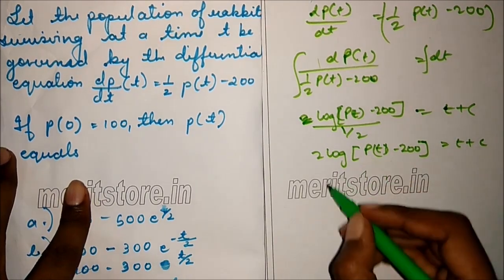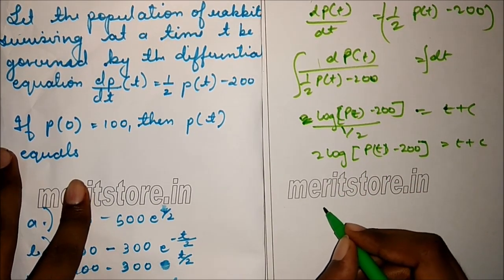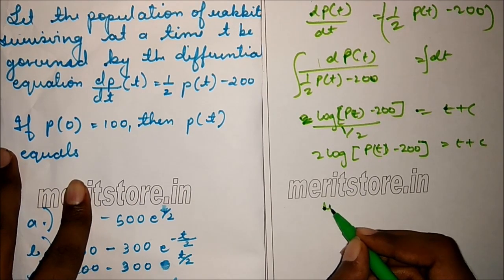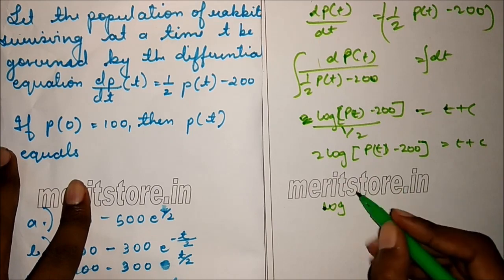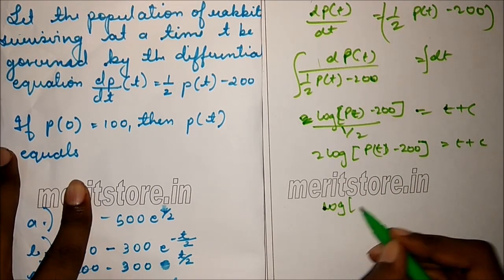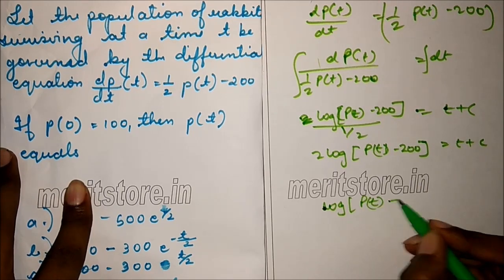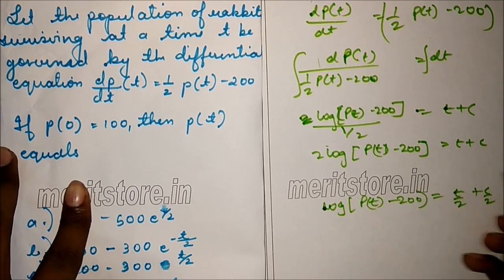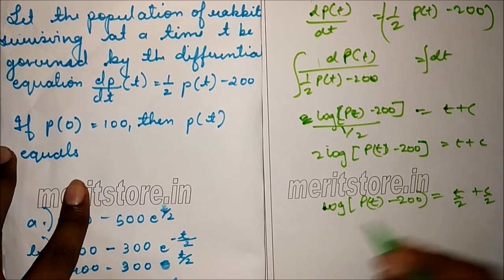So log of p(t) minus 200 will be equal to t by 2 plus c by 2, dividing throughout by 2.